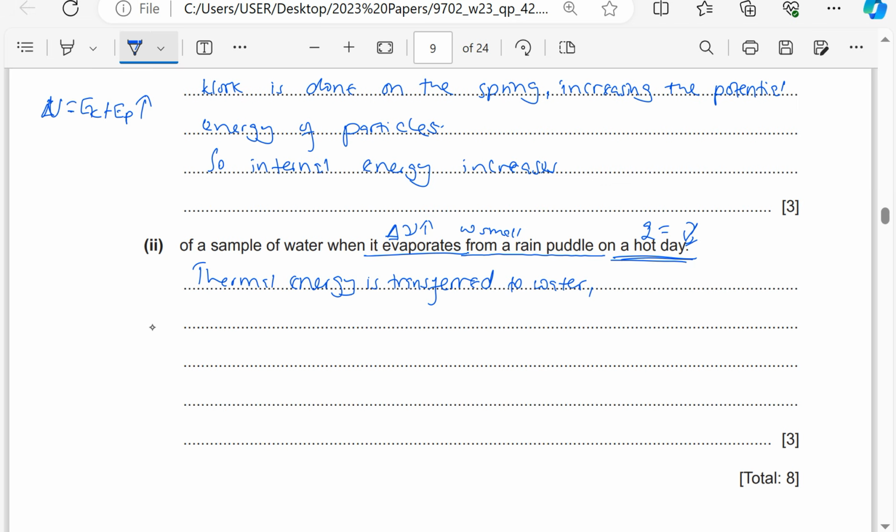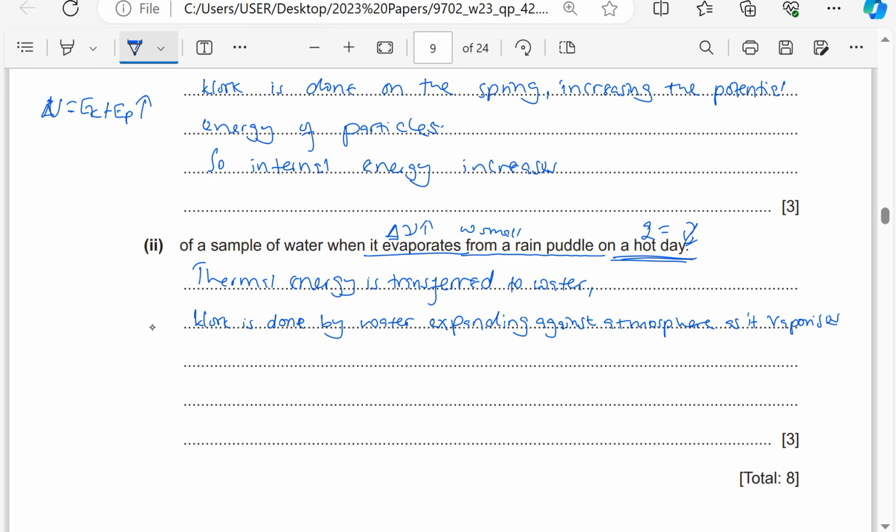Work is done by the water expanding against the atmosphere as it vaporizes.